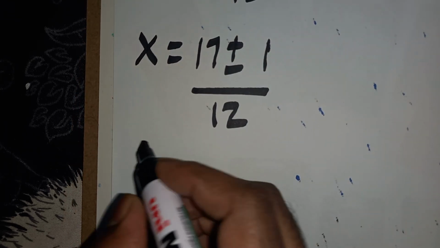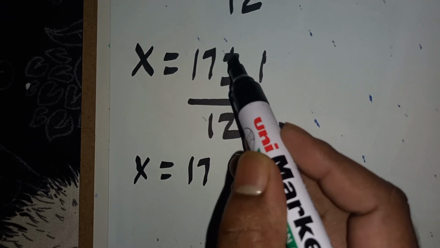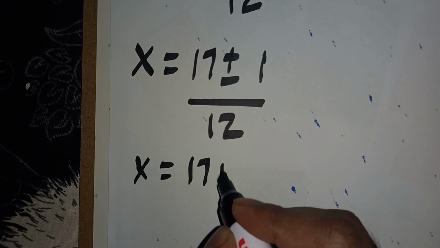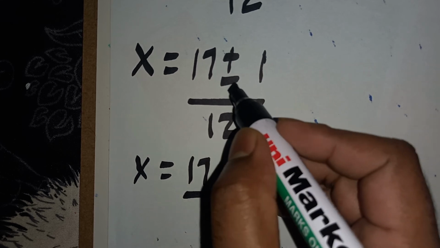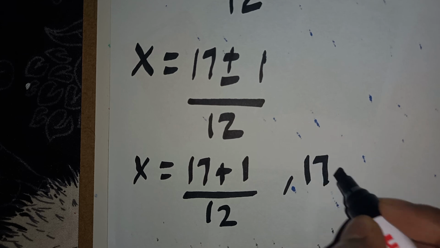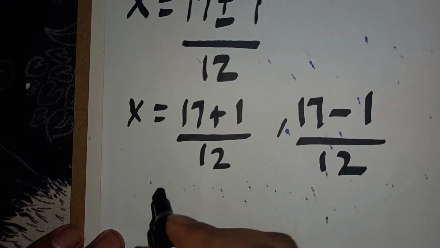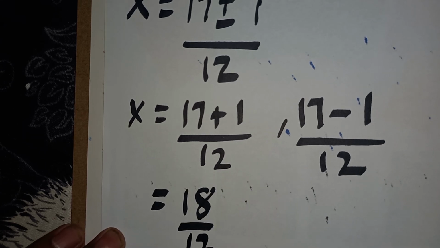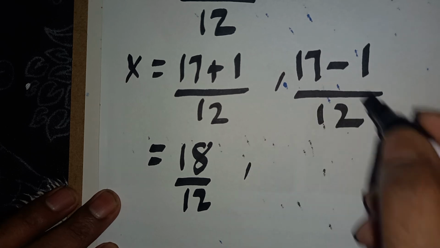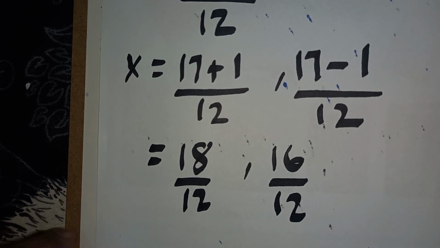Okay, so now we have x is equal to 17, we consider the positive part, so plus 1 divided by 12. Then we consider the negative part, that will be 17 minus 1 divided by 12. 17 plus 1 is 18 divided by 12, and 17 minus 1 is 16, and that will be divided by 12, right?